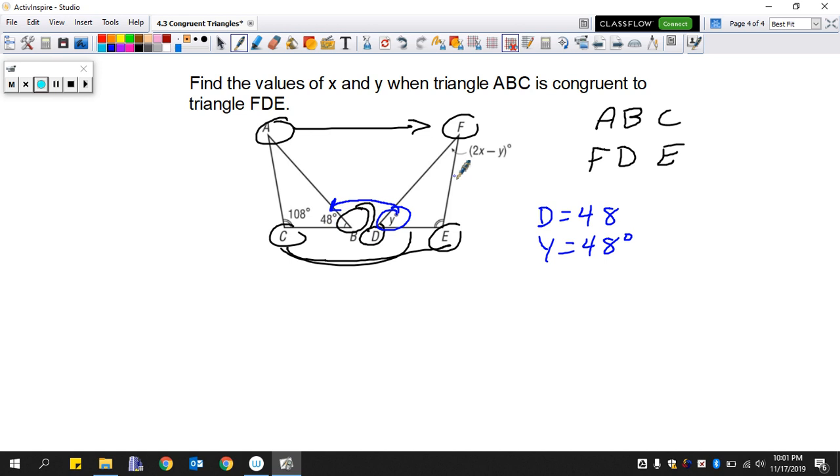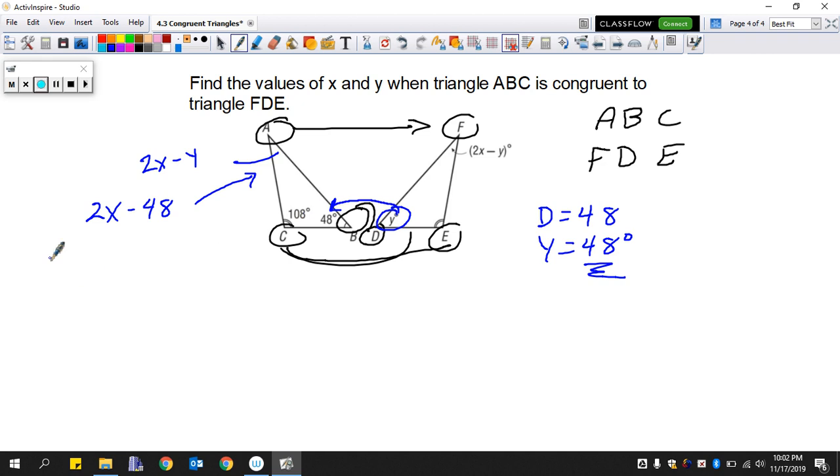So if we know that F and A are congruent, that means that this over here is also 2x minus y, and we just found out that y is 48, so this would be 2x minus 48 is the measure of this angle. We also found out from the last lesson that all three angles add up to 180 degrees.